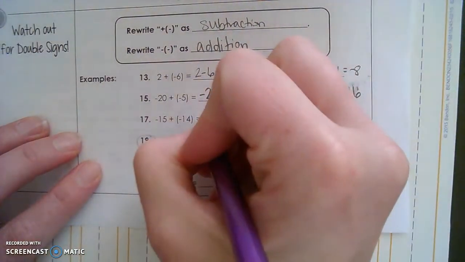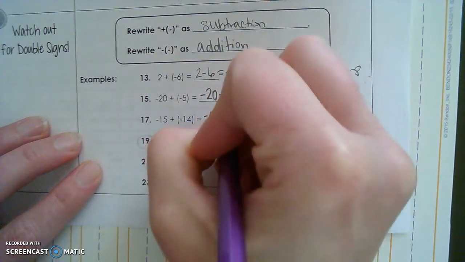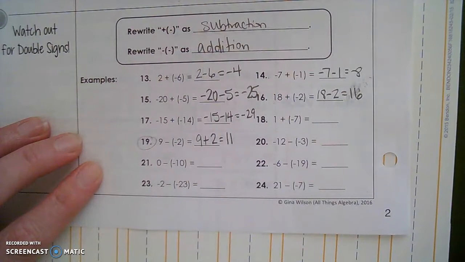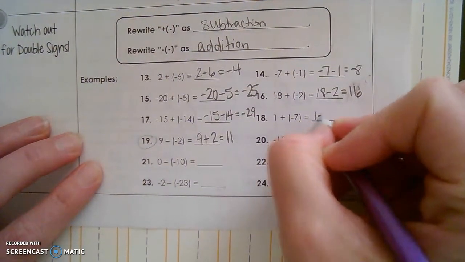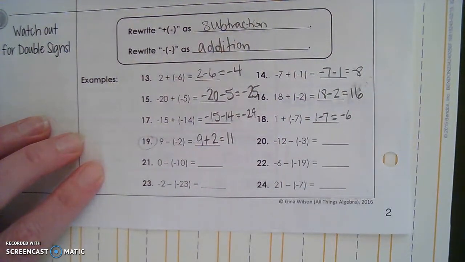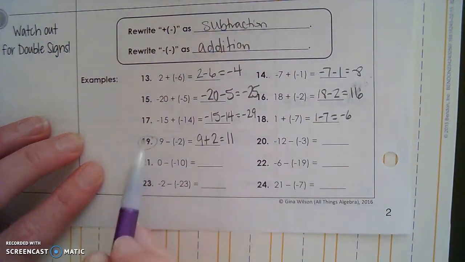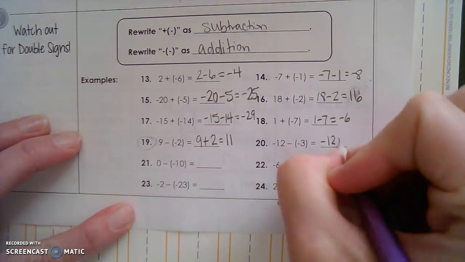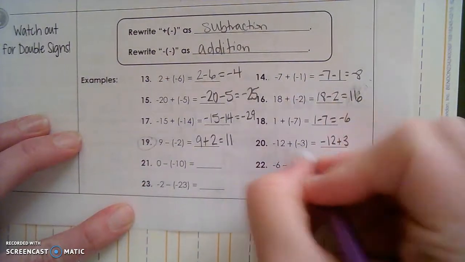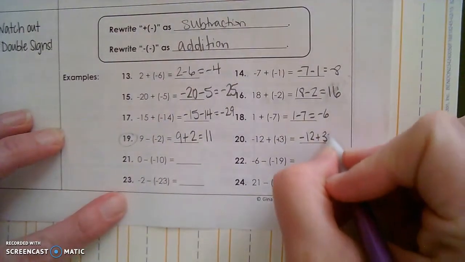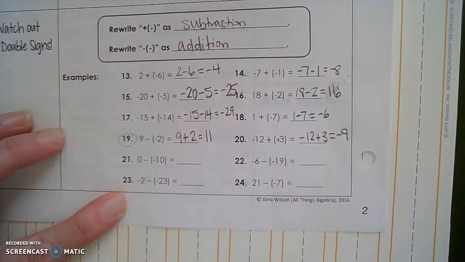Number 17, -15 minus 14 is -29. Number 18, 1 minus 7 is -6. We already did 19. Number 20, -12 plus 3. Minus negative becomes plus positive. -12 plus 3 gives us -9.